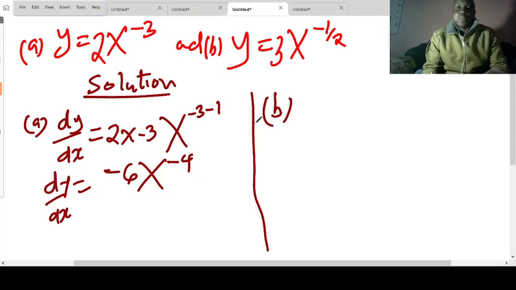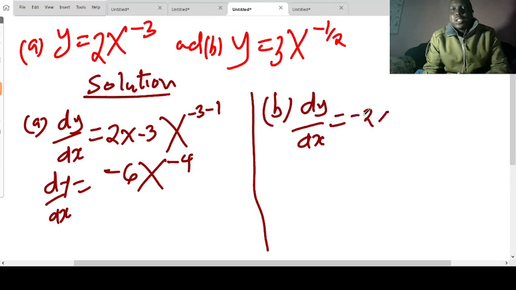So we are going to say dy over dx is equal to the power, negative half, times the coefficient of x, which is 3. After that, you put the x, the base, and then the power is negative half minus 1. That is the rule.